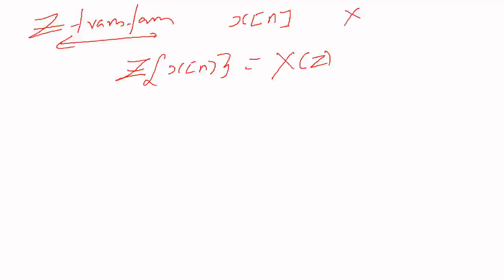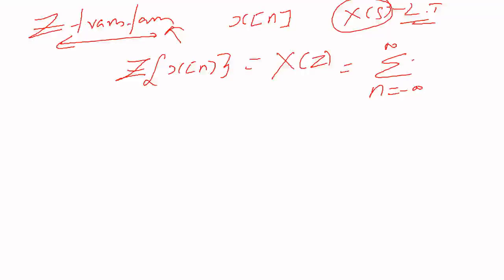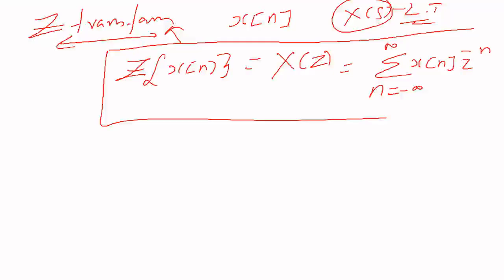Okay, we used X of s for the Laplace transform, so we are using X of z here. It is a summation, as expected, because we are talking about discrete sequences. So n equal to minus infinity to infinity, x of n z power minus n. This is the definition, or else this is the formula, for the Z transform.